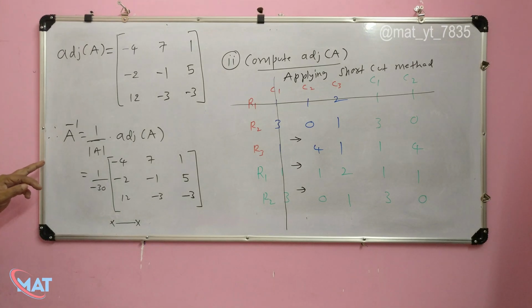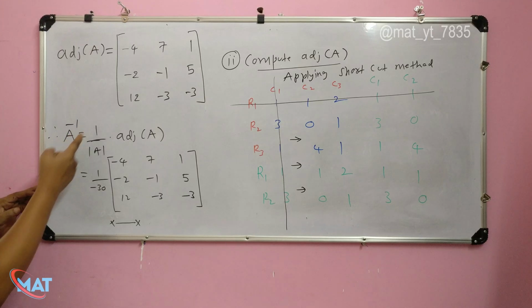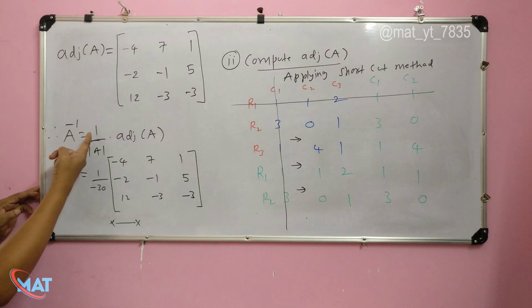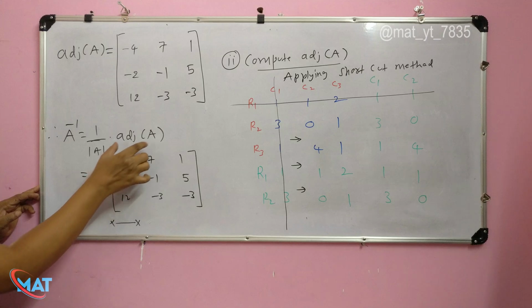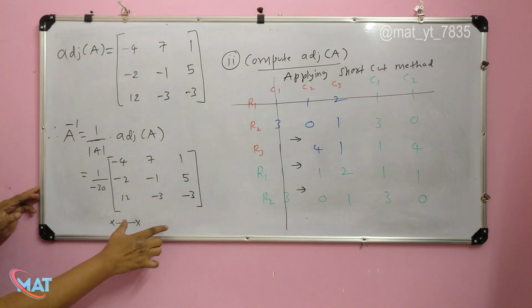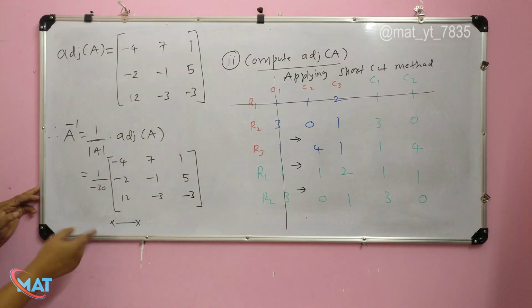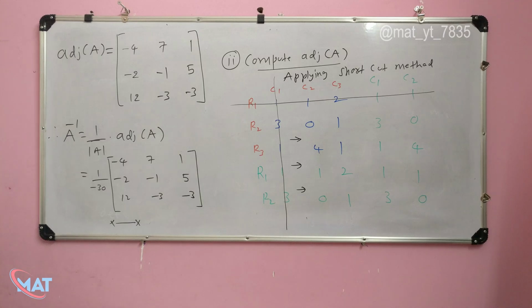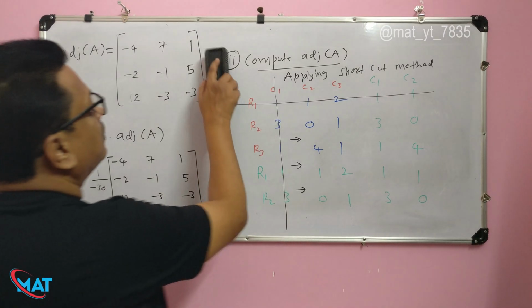So I give the formula to calculate the inverse of the square matrix. It is equal to 1 by det A into adjoint A. 1 by minus 30. Adjoint A, copy the matrix as it is. You can leave at this stage, or you can take this element and multiply every element inside that matrix. You can show like that also more accurately after simplification like this.